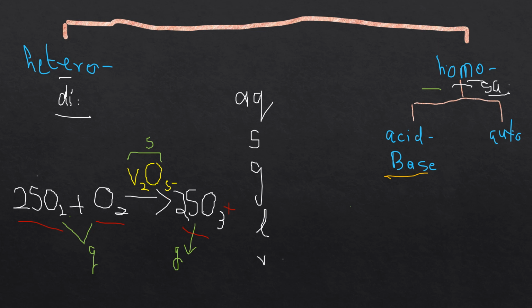It is a homogeneous reaction, so both states of matter are the same. But the thing to be noted is that we need a different catalyst of the same phase to react with it to increase the rate. This is the first class.